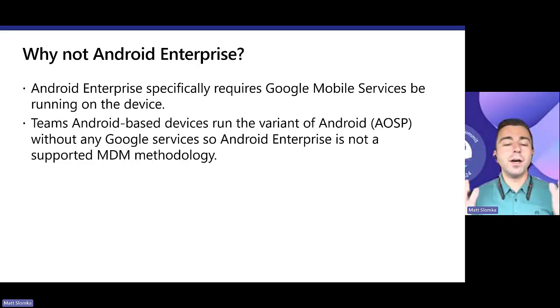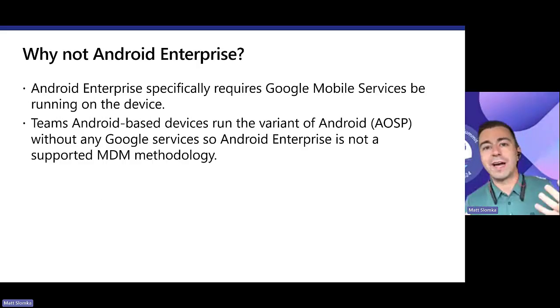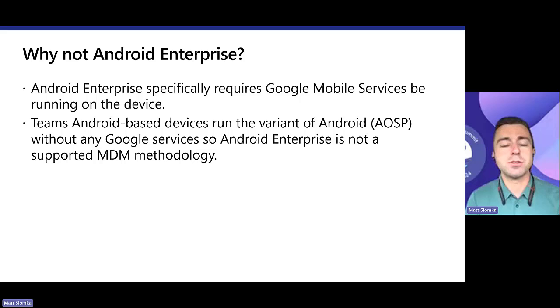And now the other big customer question is: Microsoft, I use Android Enterprise to manage all of my other devices, all of my user devices, every user's mobile phone. Why can't you just use that? Android Enterprise specifically requires Google Mobile Services to be running on a device.